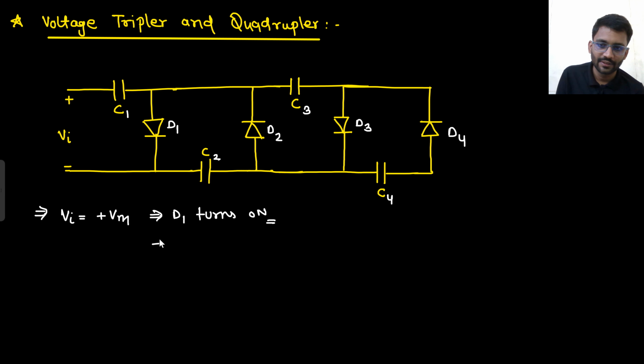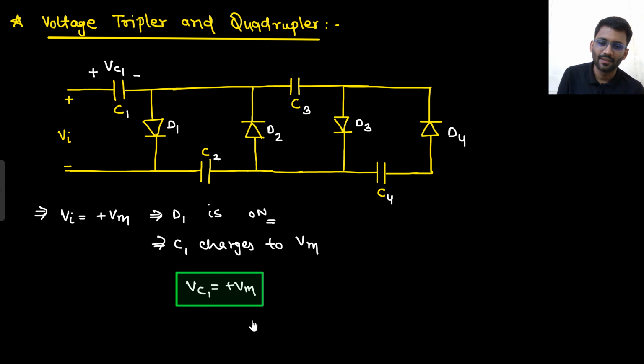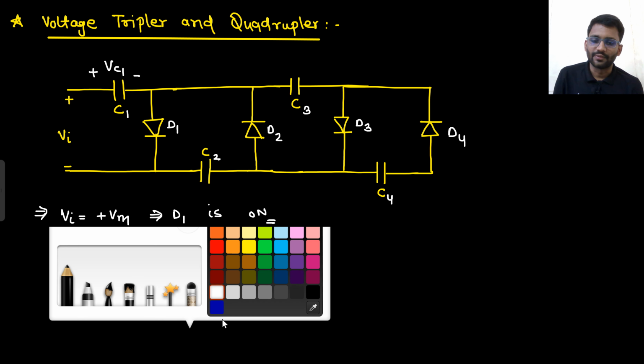C1 will charge to Vm. In what direction? It will charge in this direction because D1 is on. So if I am calling this Vc1, what will be your Vc1? It will charge in this direction, so Vc1 will be plus Vm. So this is charged to plus Vm.